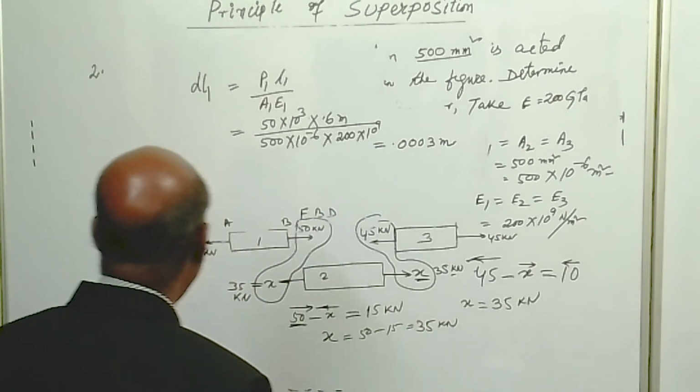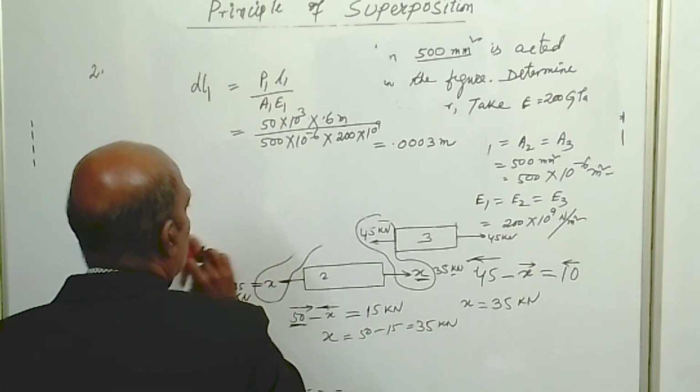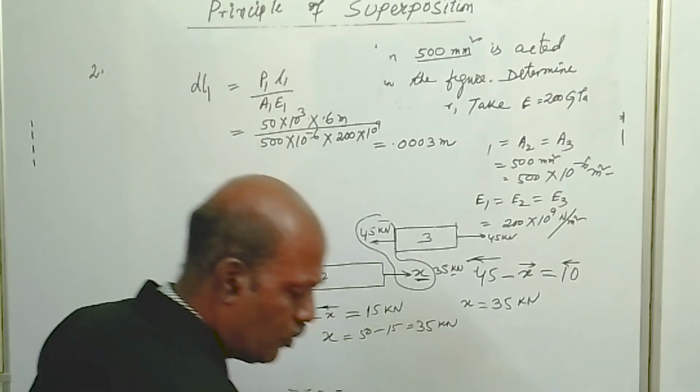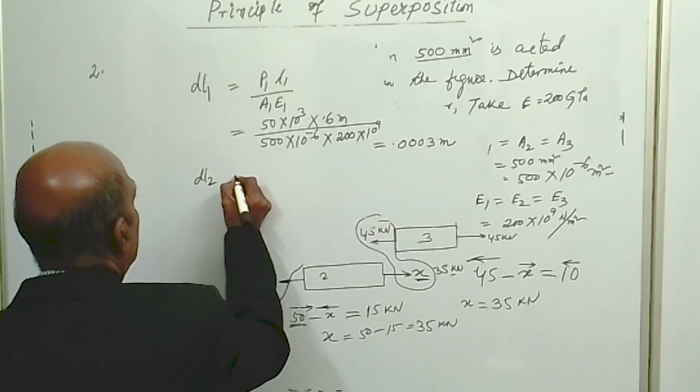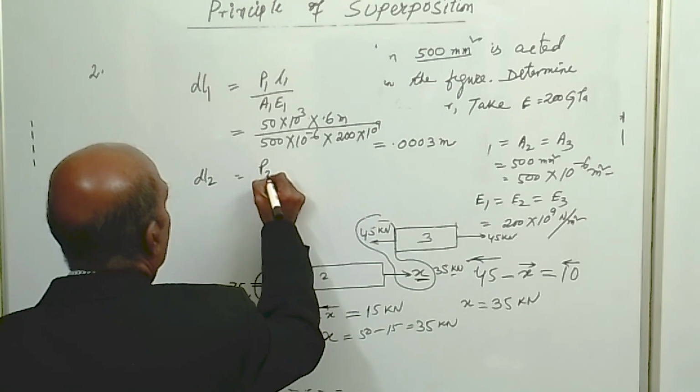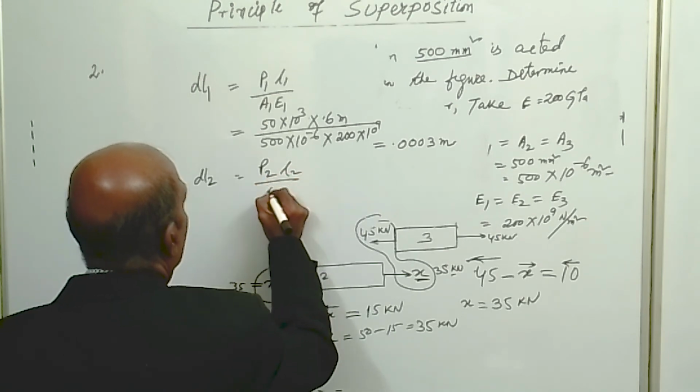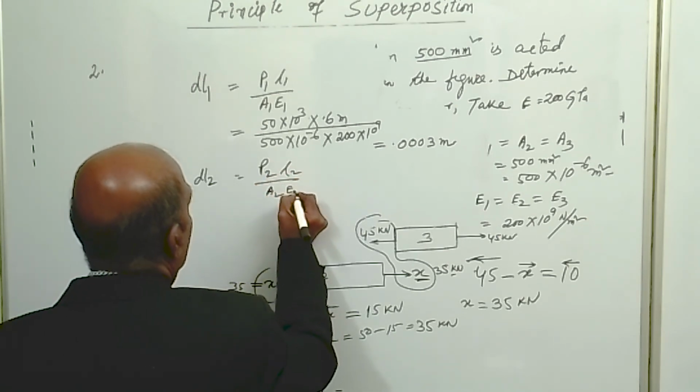Now we will see segment 2. The deformation produced in segment 2, dl2, is given by P2 L2 by A2 E2.